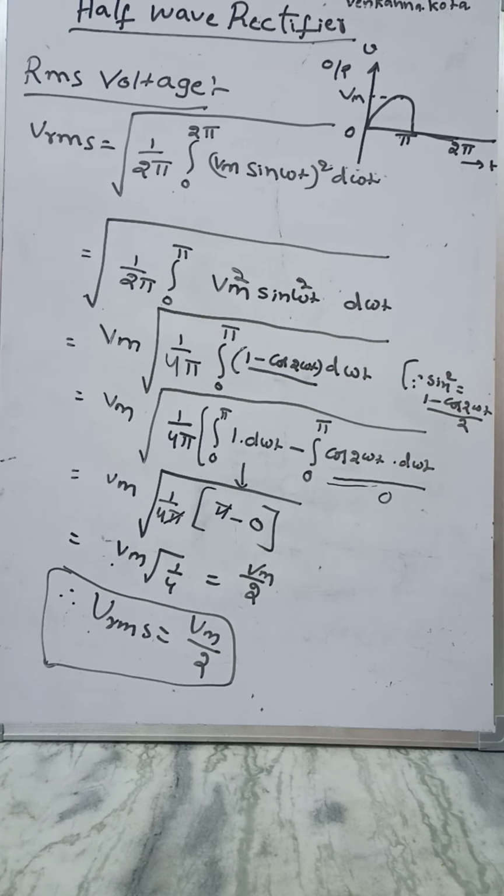Already we have discussed that Vdc is equal to Vm by pi and Vrms is equal to Vm by 2. This value is only for the half-wave rectifier.